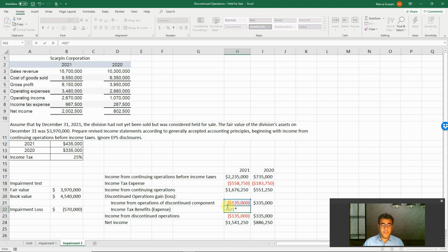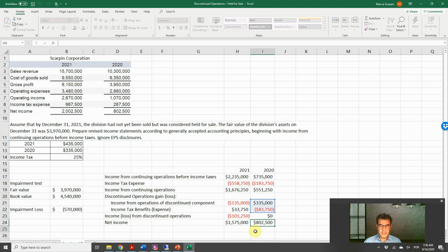Now we have an income tax benefit here, 33.7, or 33,000 and three quarters. And here the same, but here we have an expense. So here we have income or loss. Loss from discontinued operation 101. And here our income just the same.